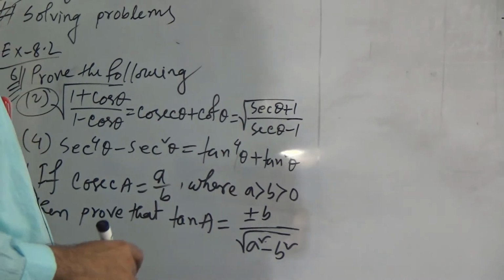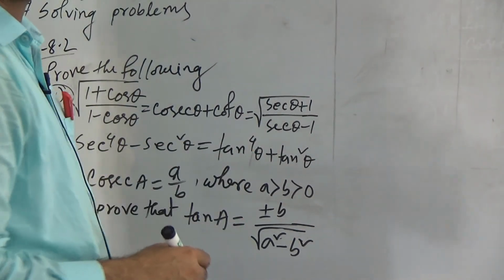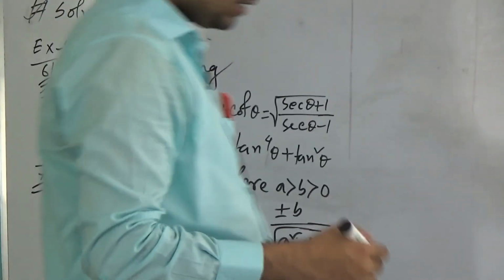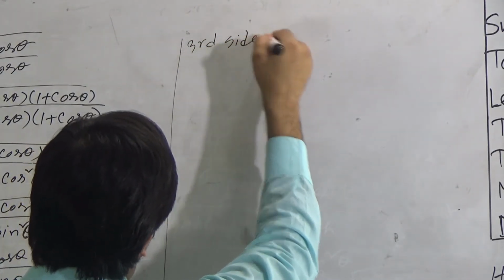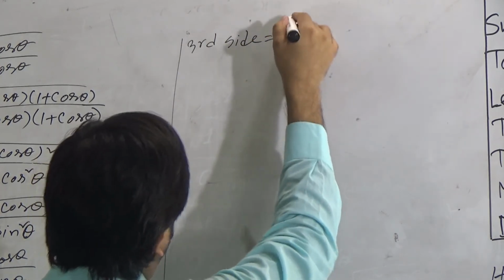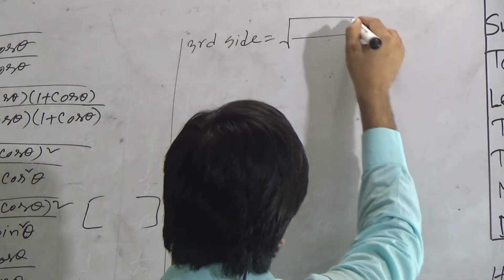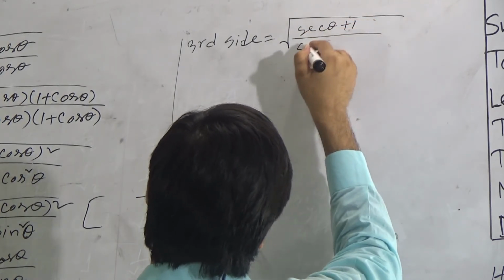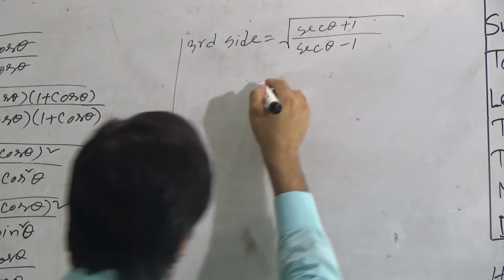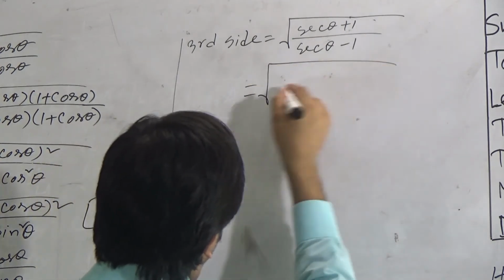So now I have to show the middle side from the third side. How can we show? Now see the third side. Third side is square root of sec theta plus 1 by sec theta minus 1. So we can apply the same technique for this one.